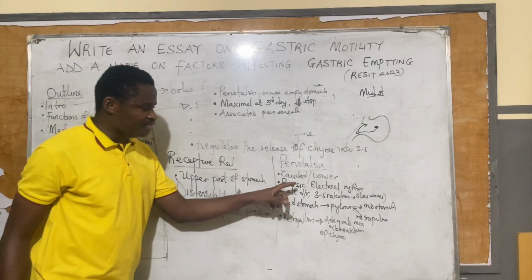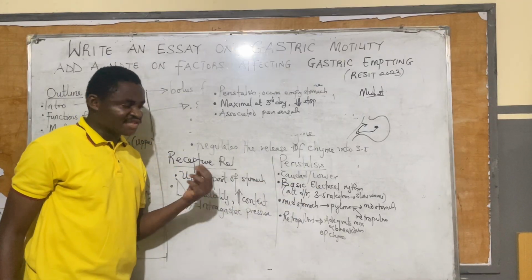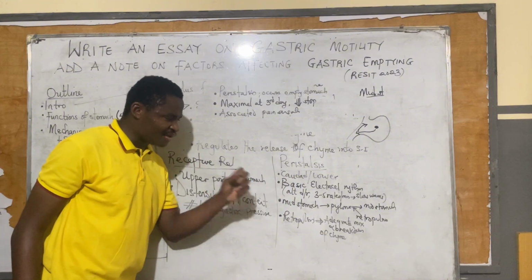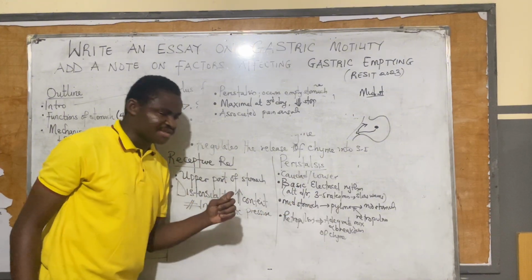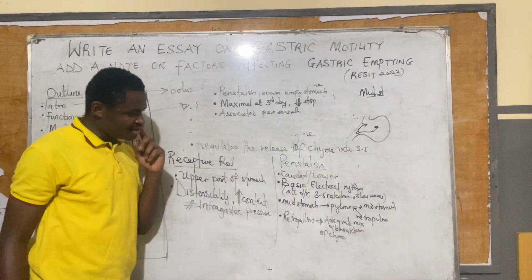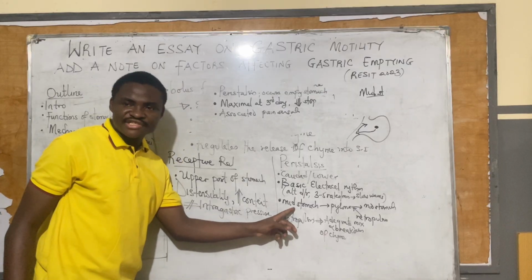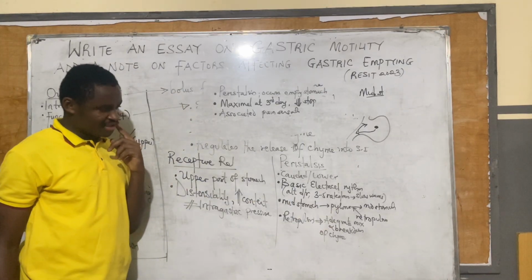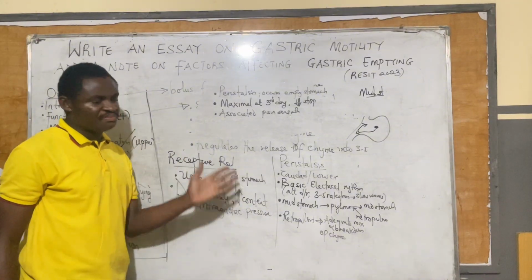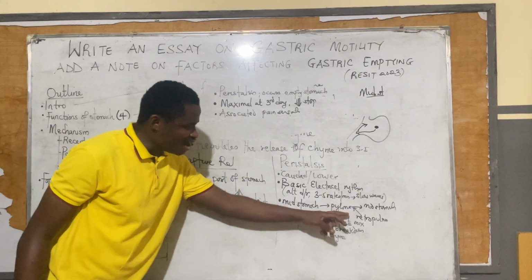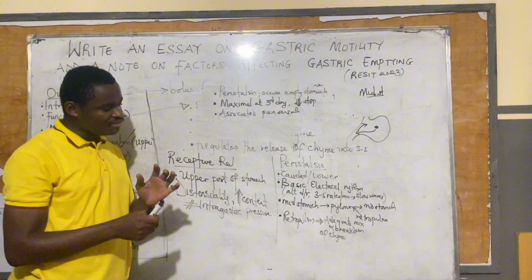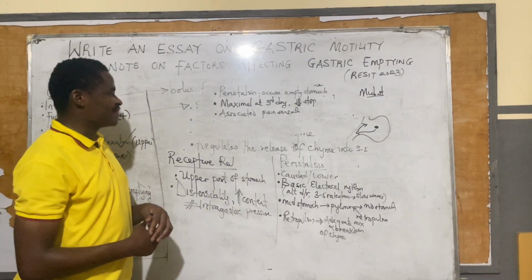It works on the basic electrical rhythm, which we say is alternate depolarization and repolarization that runs at 3 to 5 rates per minute, which is also called slow waves. And we have said the movement is from the mid stomach to pylorus and back to the mid stomach. Moving from pylorus back to mid stomach is also called retropulsion, and retropulsion helps for the adequate mixture and breakdown of chyme.